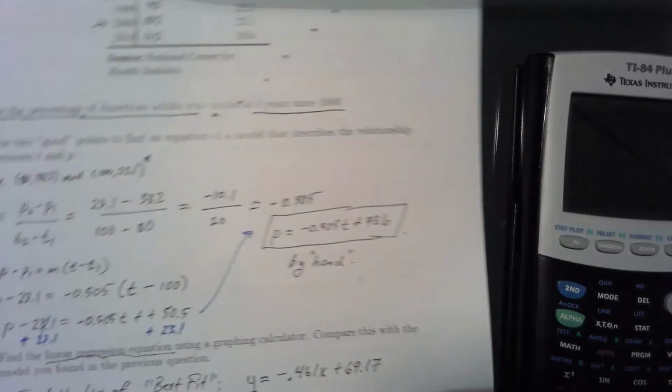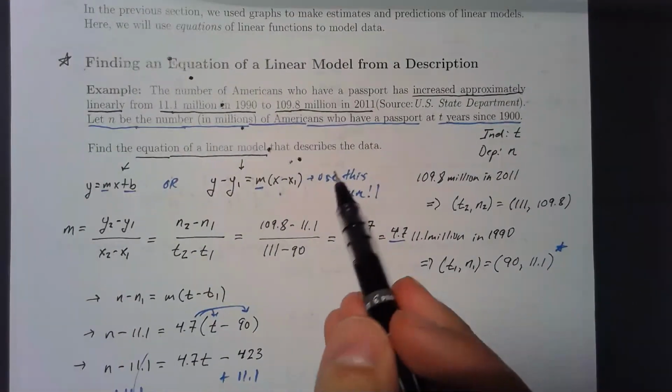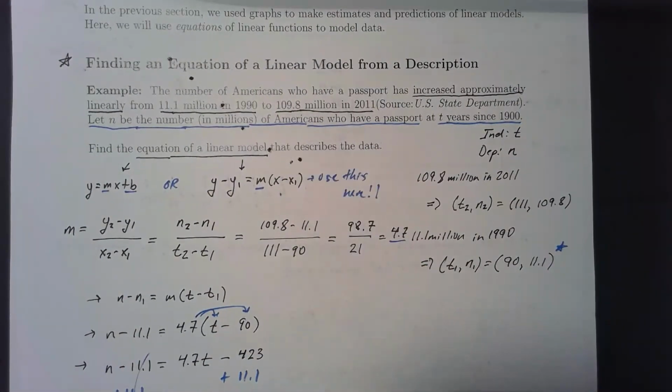So again, when it comes to finding linear equations from a description, you just find the 2 points in there somewhere.